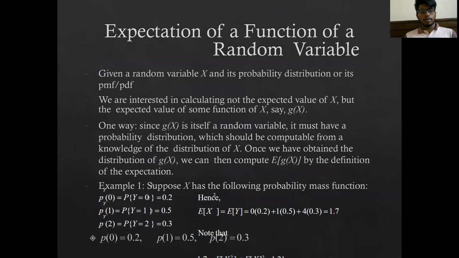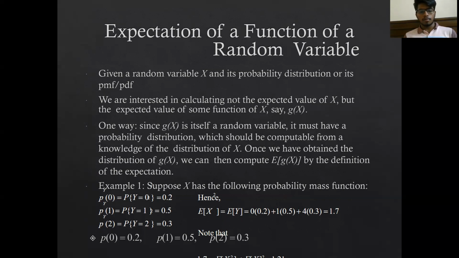Expectation of a function of a random variable. Given a random variable X and its probability distribution, PMF or PDF, we are interested in calculating not the expected value of X, but the expected value of some Y that is a function of X, say g of X. Since g of X is itself a random variable, it must have a probability distribution which should be computable from the knowledge of the distribution of X. Once we have obtained the distribution of g of X, we can then compute the expectation of g of X by the definition of the expectation.